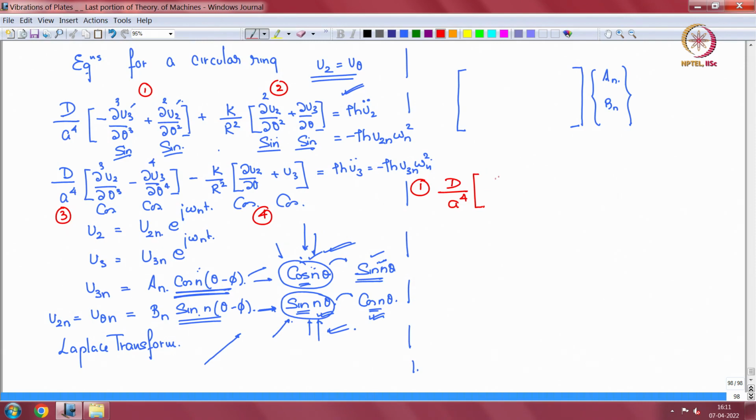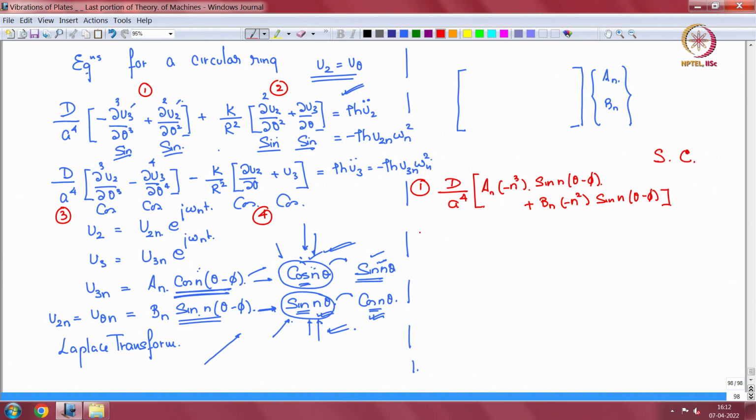So 2 gives me minus, third gives me an minus n cube, sine n theta minus phi, plus 2 derivatives of u2 gives me bn into minus n square sine n theta minus phi. Okay, from now onward sine n theta minus phi is capital S, cosine is capital C.